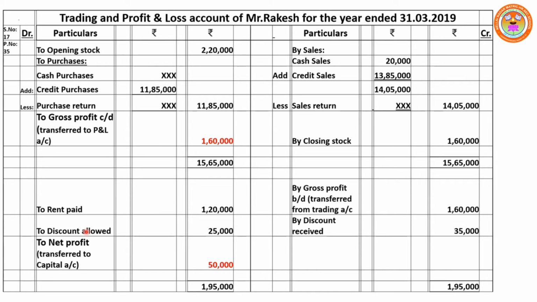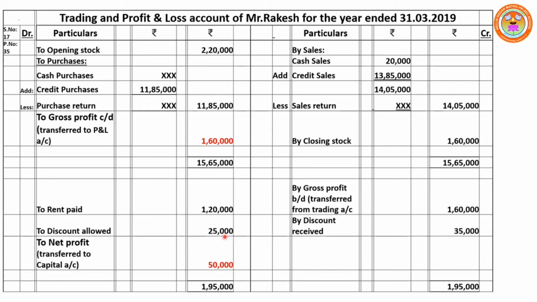Under other information, to rent paid is given 1,20,000, to discount allowed 25,000. Whereas the name of income, by discount received 35,000. This discount allowed and received, we have already shown under total debtors account and total creditors account.